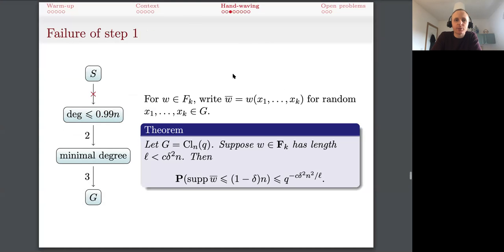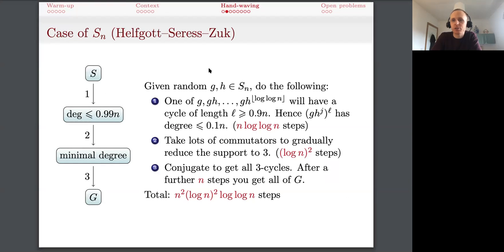In the Helfgott-Seress argument, they said if you have 2 random generators, then the diameter will be n squared log n squared times log n, or really this can be anything tending to infinity. But if you have 3 random generators, then you can give an analogous argument with this XWYZ trick, and you can reduce this to n squared times log n. So you can reduce this power to 1.